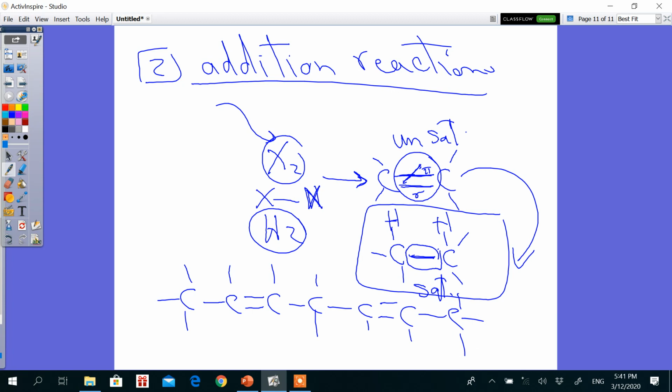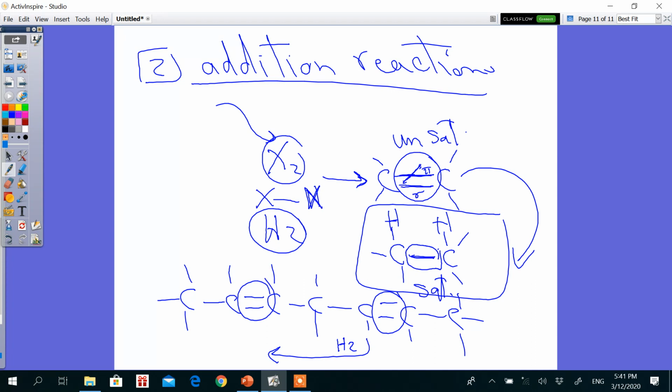So if I add here one molecule of hydrogen, it means H2. So two atoms of hydrogen will be added. I have two double bonds, one double bond and the second one double bond. So we will add the molecule of hydrogen to one of them.